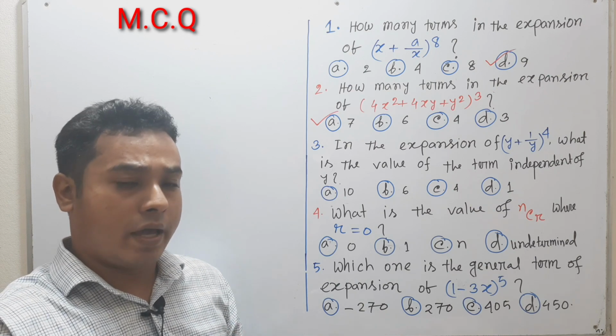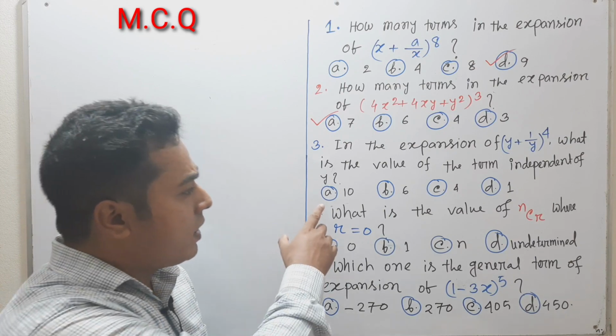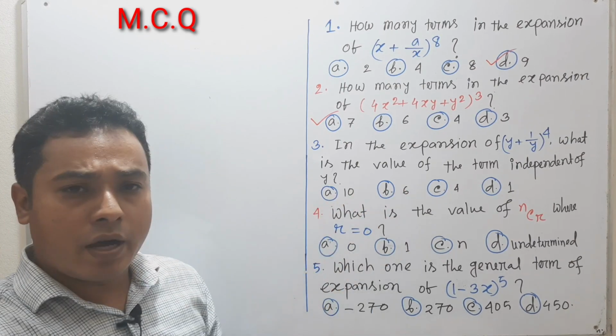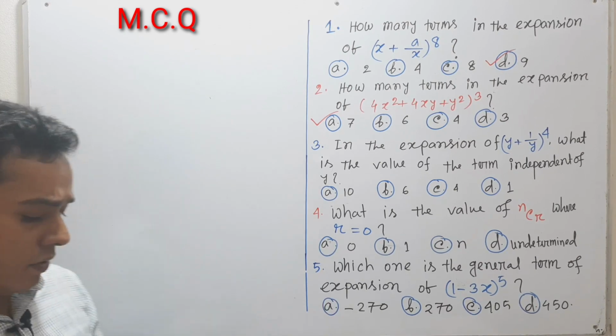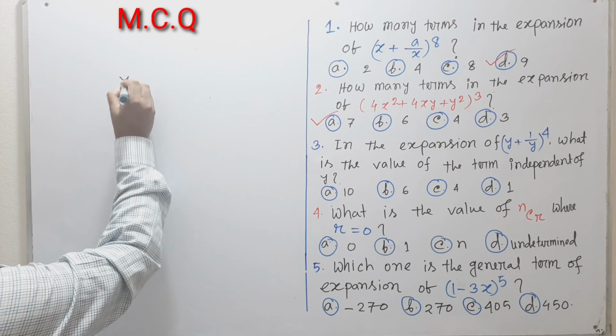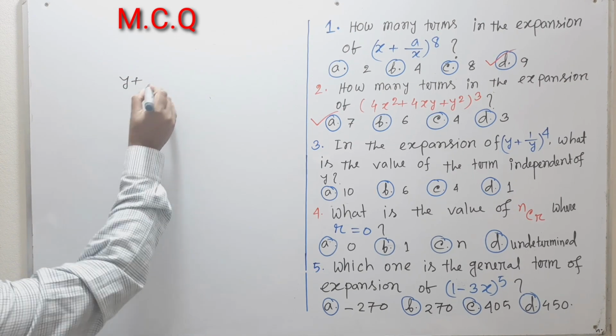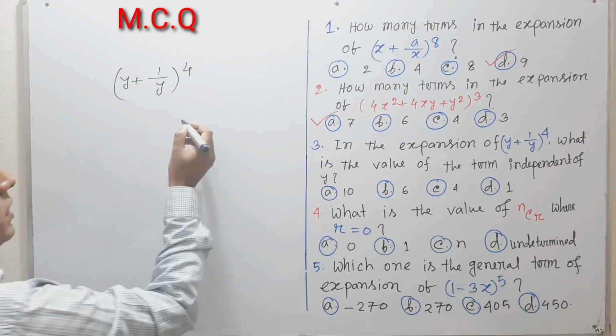The term without y is called independent of y or y-free term or constant term. Now (y plus 1 by y) to the power 4. Here we need the y independent term.